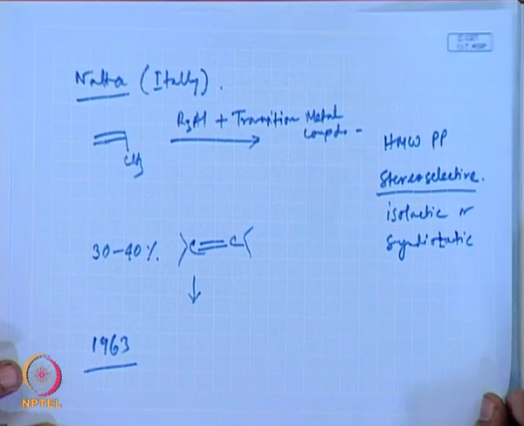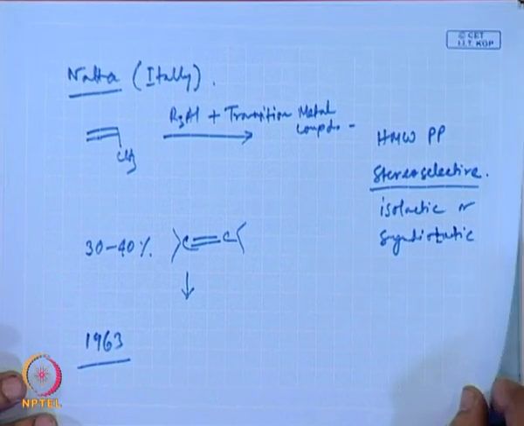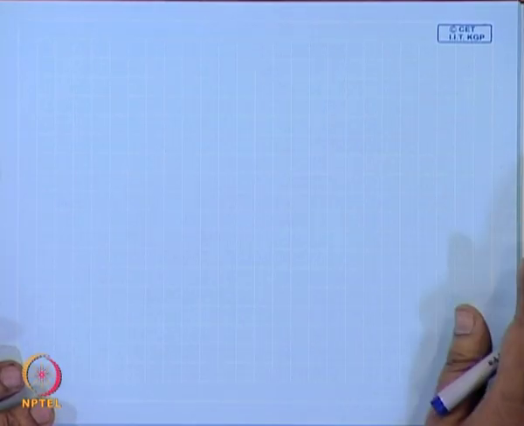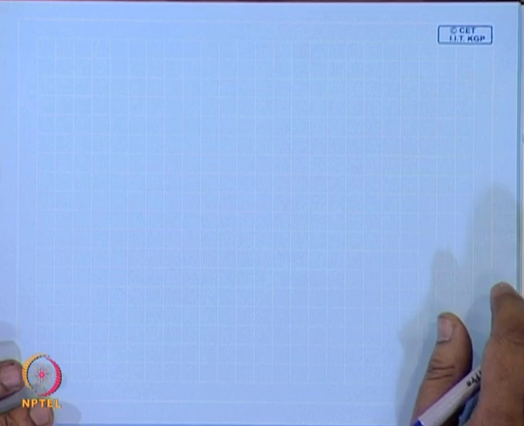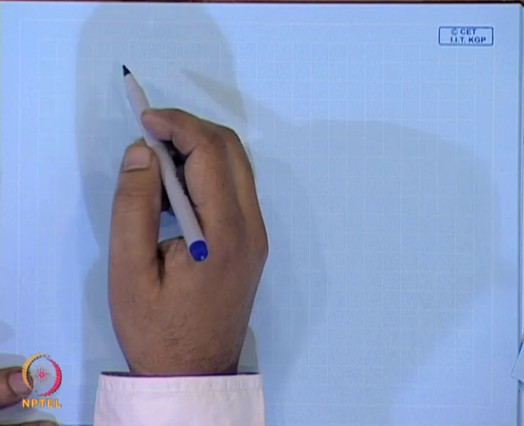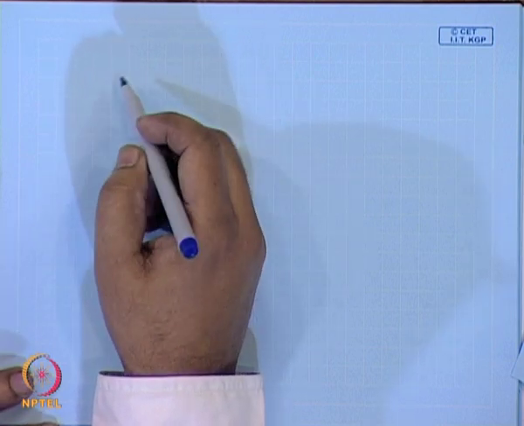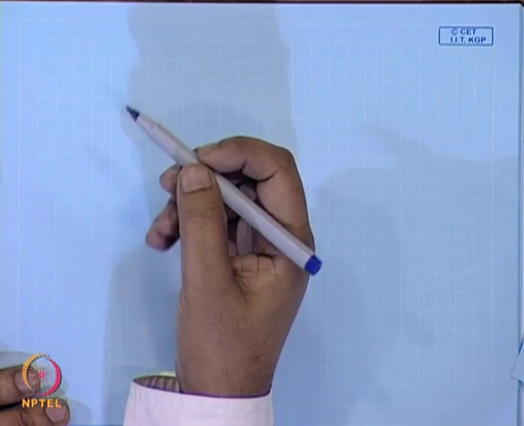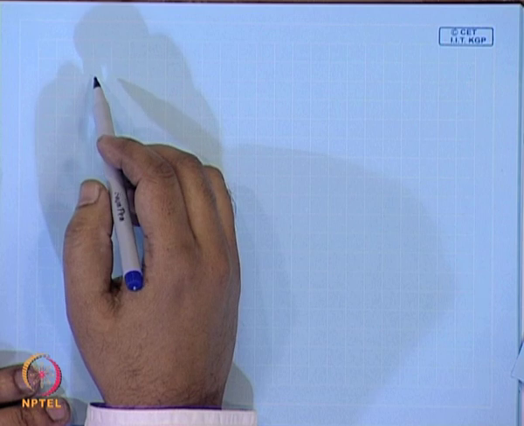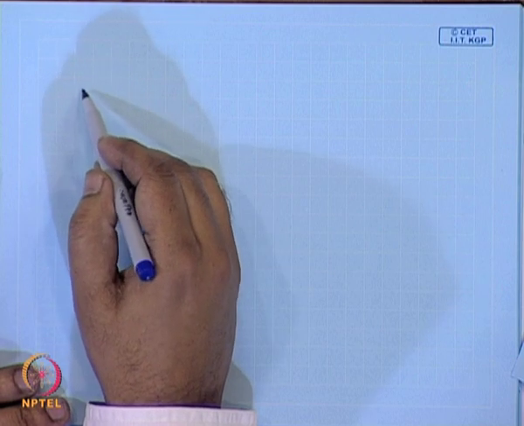Later on, a large number of catalysts were developed, and basically it is the combination of again similar types of compounds. A lot of research happened in this field, and in most cases they are organometallic compounds.